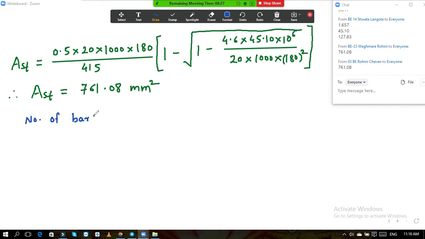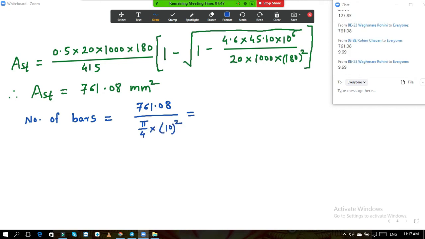Number of bars is equal to 761.08 divided by pi by 4 into 10 square, area of a single bar, 78.54. The answer is 9.69, so nearly 10 bars, 10 numbers. If we provide 10 bars, each of diameter 10 mm, then what is Ast provided? We will calculate the Ast provided now.